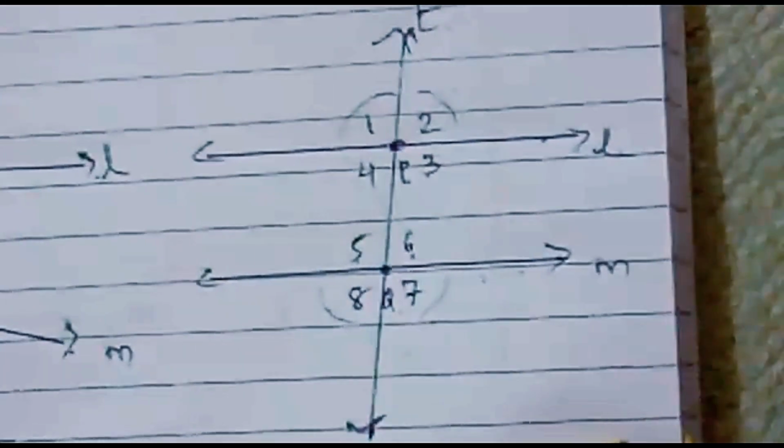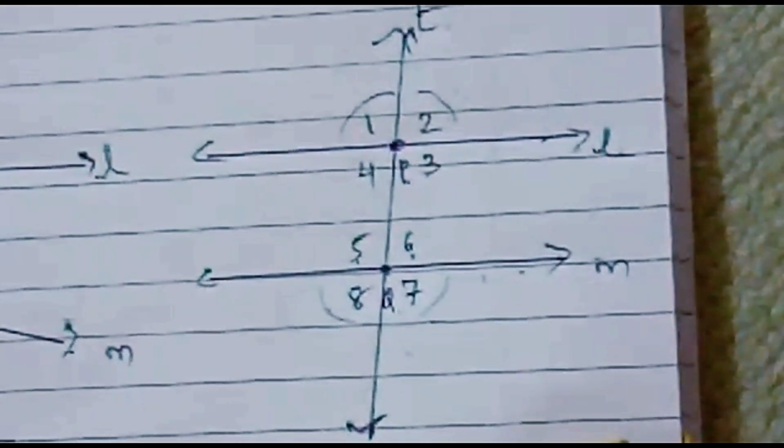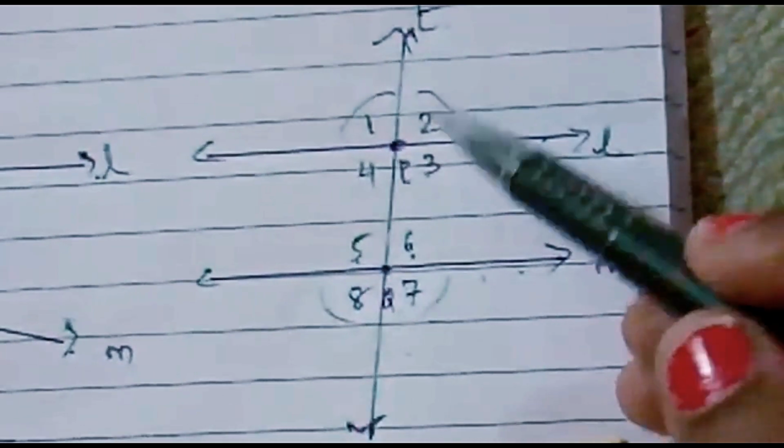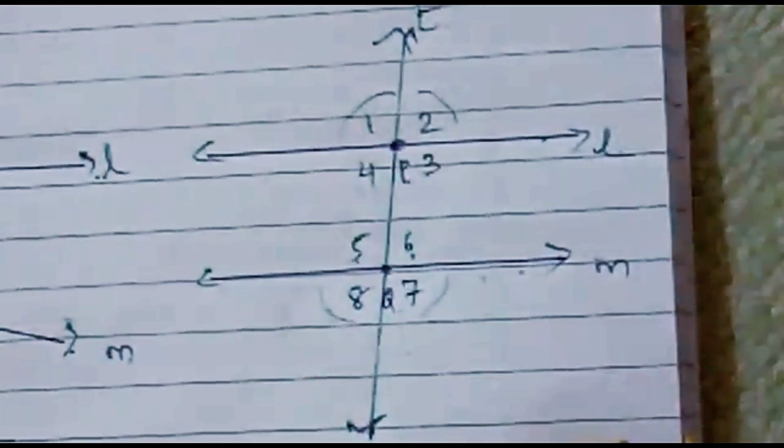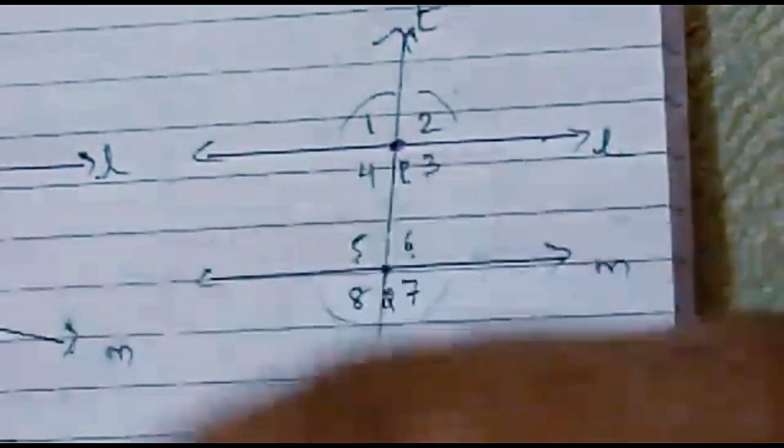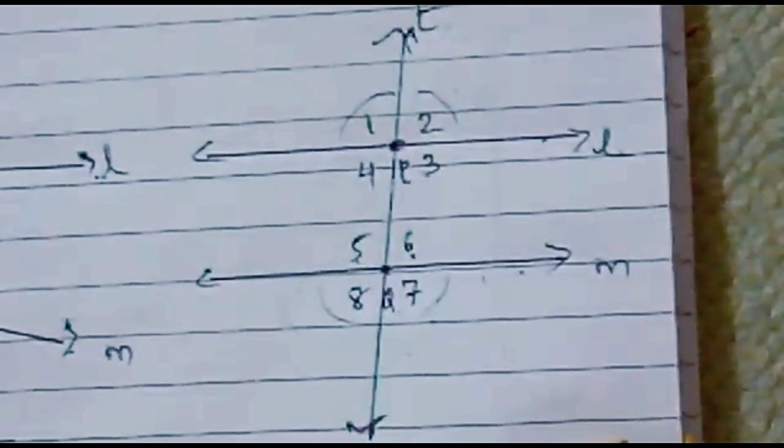The first one is corresponding angles. As I told you, if both the angles are opening on the same side as well as on the same part, that means upper part, then they are called to be corresponding angles.